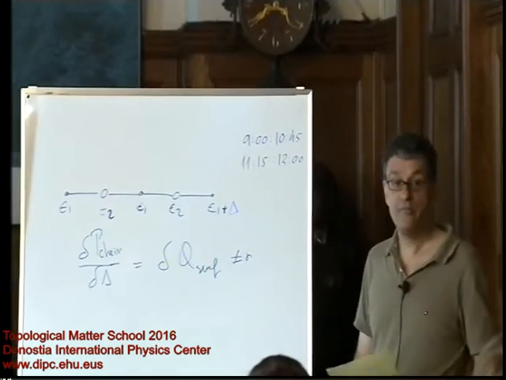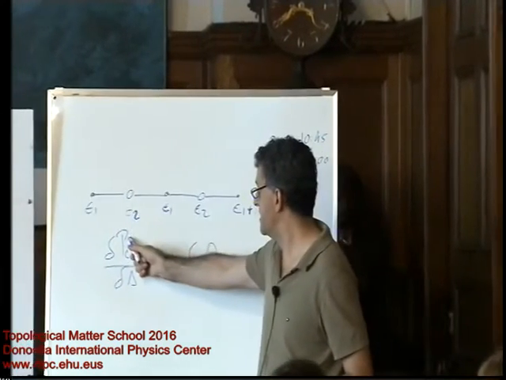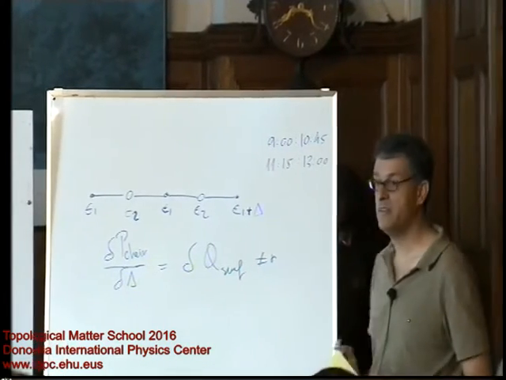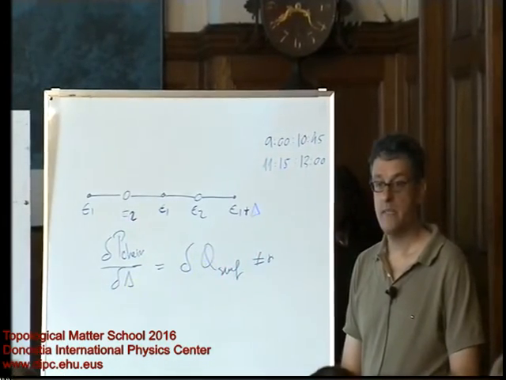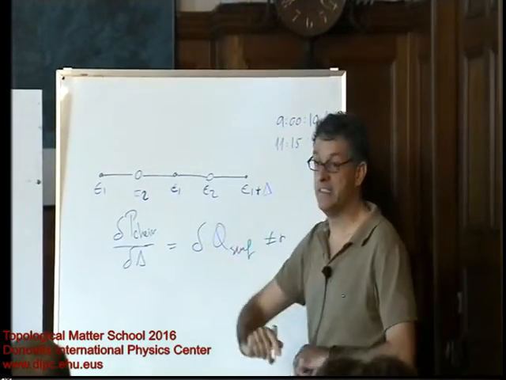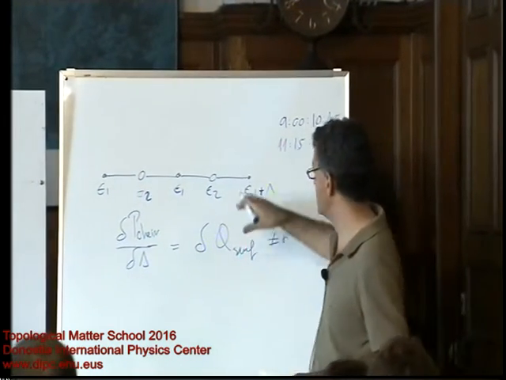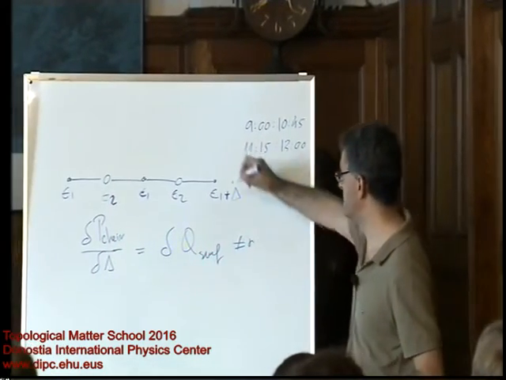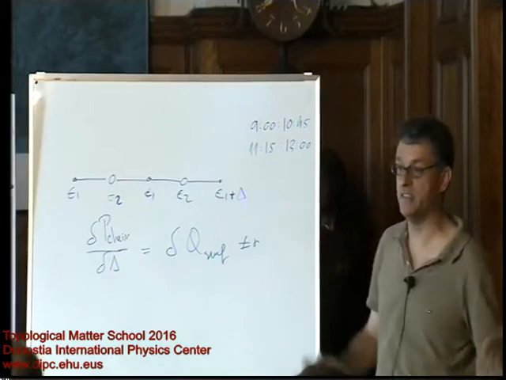But then obviously the polarization is not a bulk property because it depends on what's going on at the surface. I'll sometimes use the word surface, which is appropriate for a three-dimensional system, but of course here surface really just means the end of the chain.